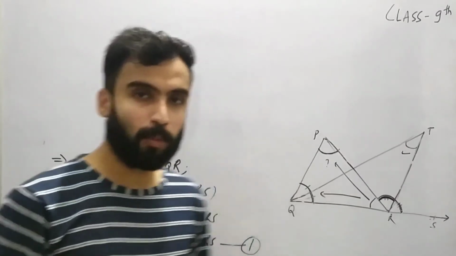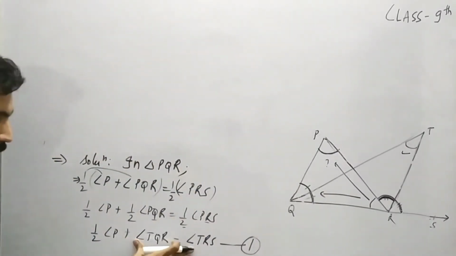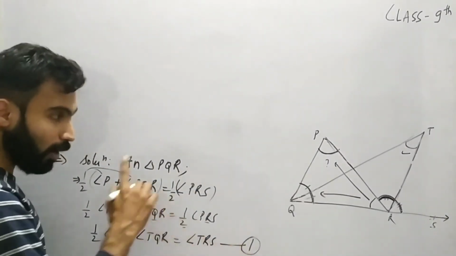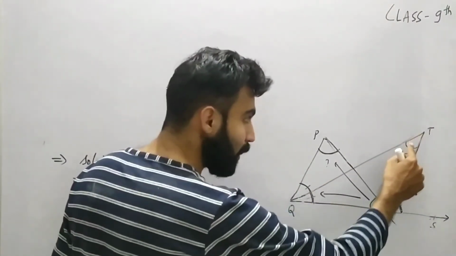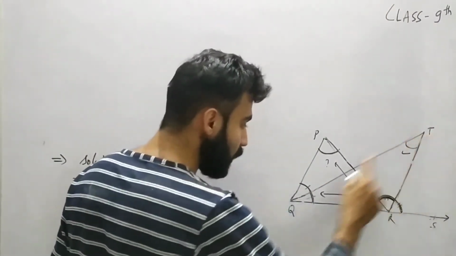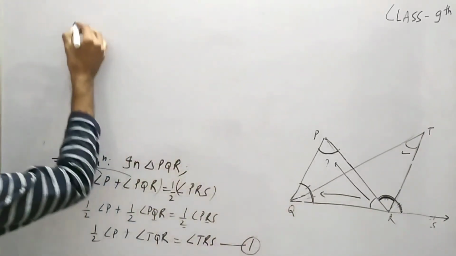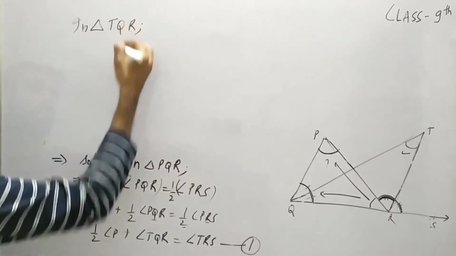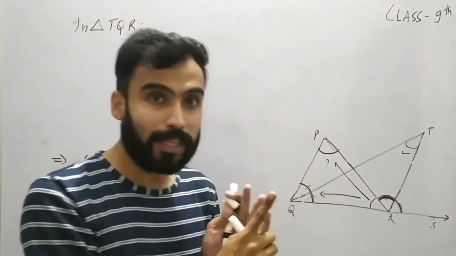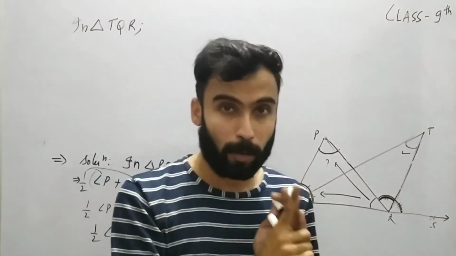So students, let's move further now. You have seen here that I have formed the first equation. Now let me move to the second equation formation, right? Let me take this triangle TQR now. In triangle TQR, I'm going to apply the similar exterior angle property.